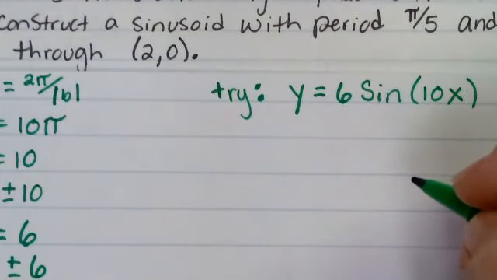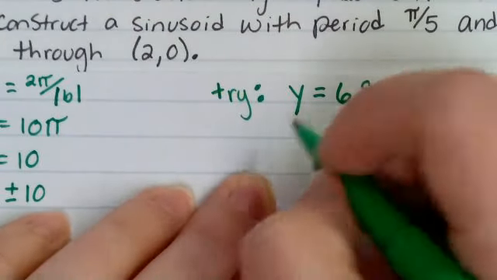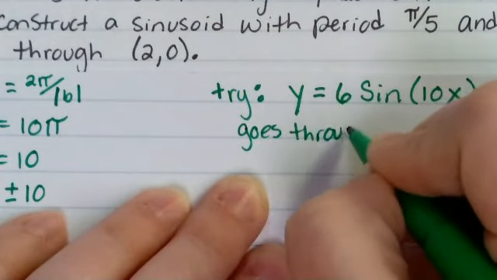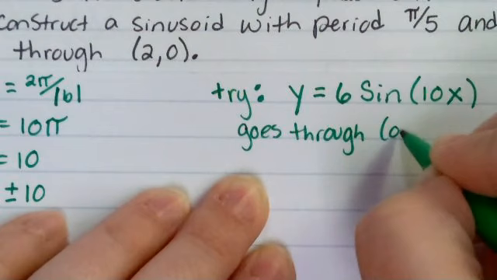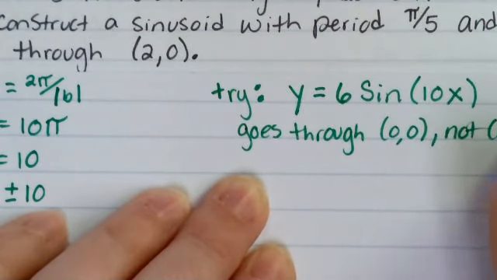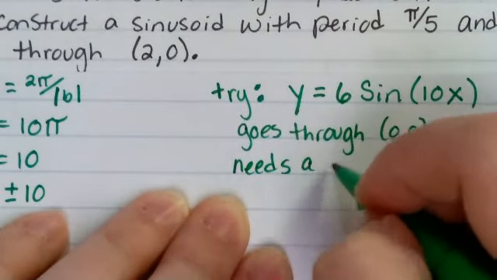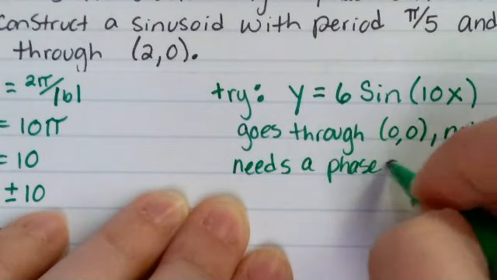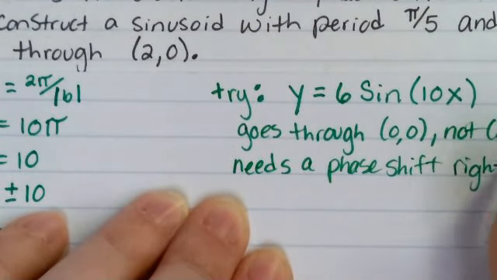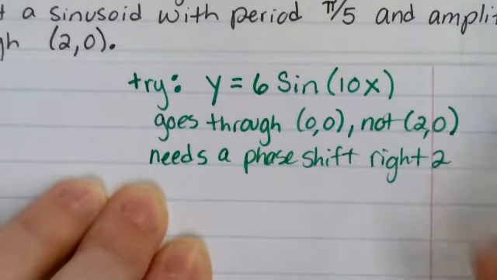All right, so let's make a little note of that just so you have that as a reference. We're going to say this goes through 0, 0, not 2, 0. So it needs a phase shift right 2. There we go.